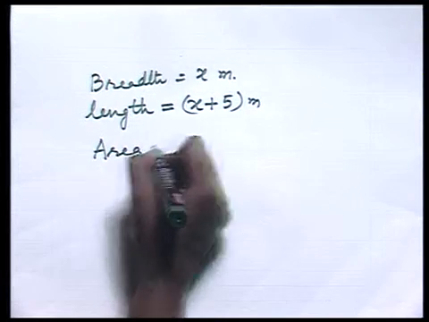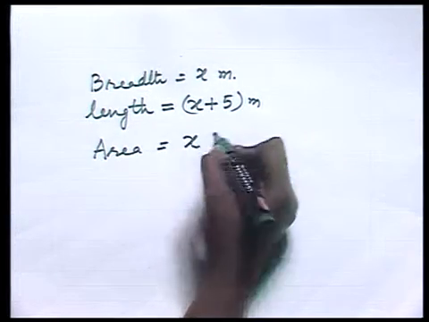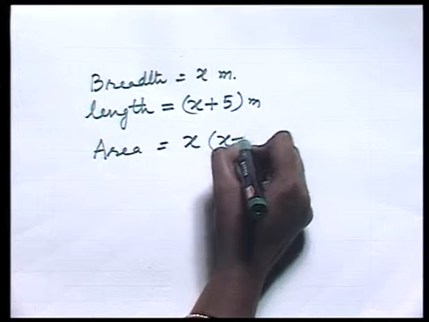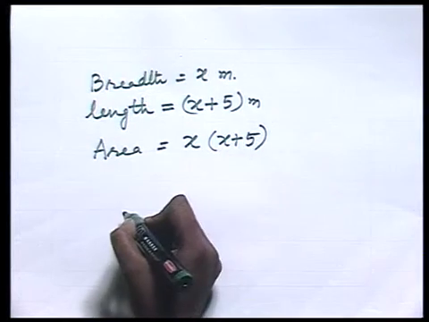Now, we know that area of a rectangle is equal to length into breadth. So, area of the hall will be equal to x meters multiplied by x plus 5 meters.